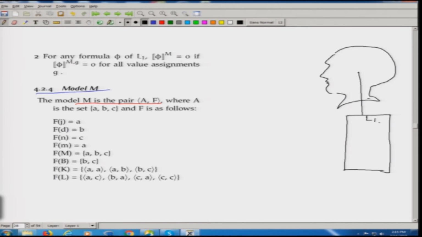The language has got names D, N, J, M. Also, it has two 1 plus predicates M and B. It has two 2 plus predicates. So, these are predicates, we are listing them together, L and K, and it has variables like X, Y, Z and many others.